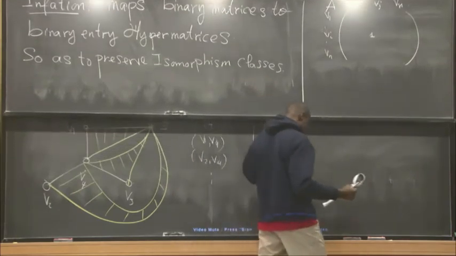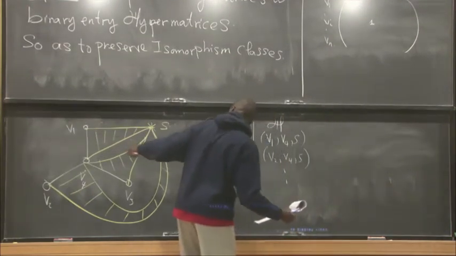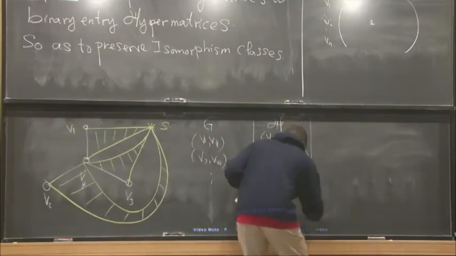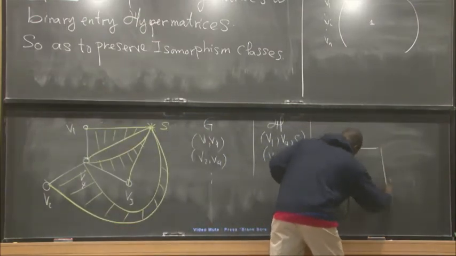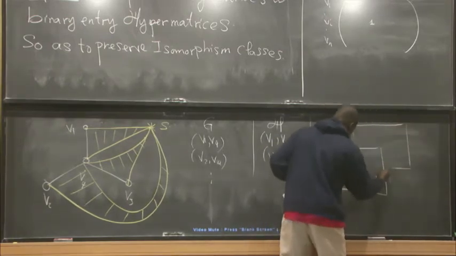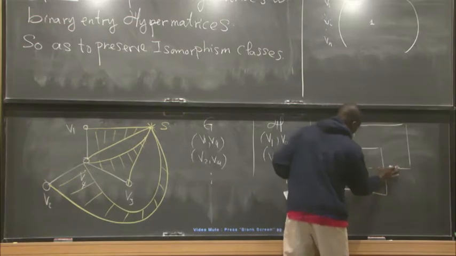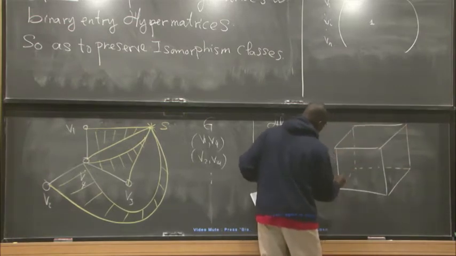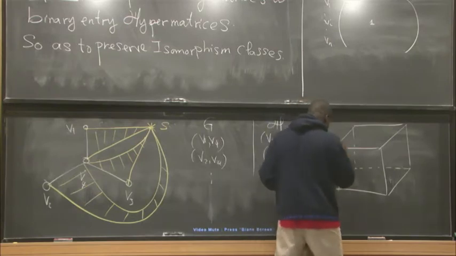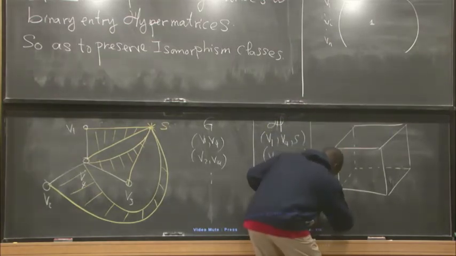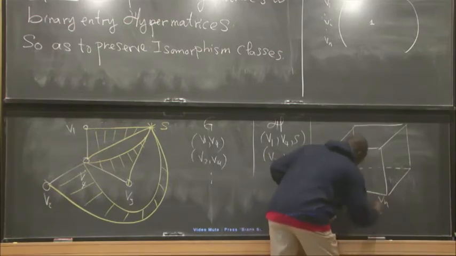For a hypermatrix, and here we're going to be looking at 3-uniform hypergraphs, what you think about is a cube. So let me do this. Now you have 3 dimensions. This is going to be labeled by V1 all the way up to Vn.